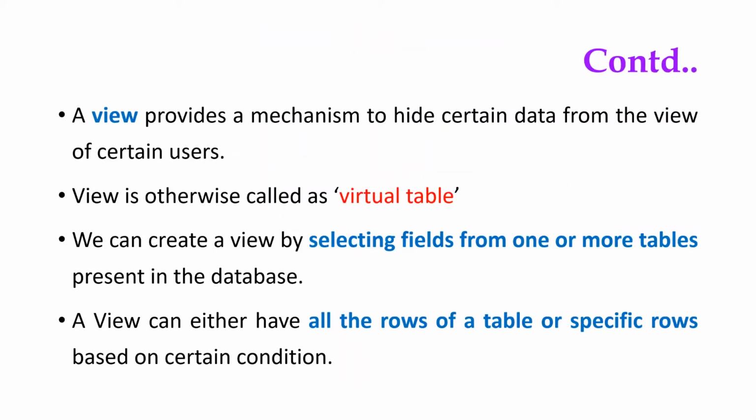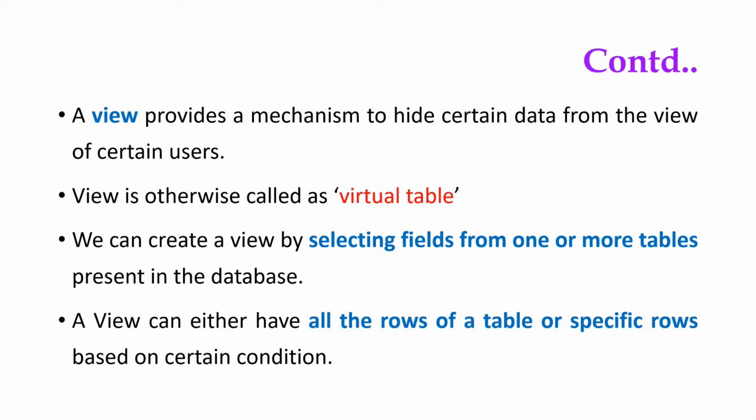So a view provides a mechanism to hide certain data from the view of certain users. So we are hiding the details from the user and we are providing only the essential information to the user. It is also called a virtual table. Virtual means an imaginary table.